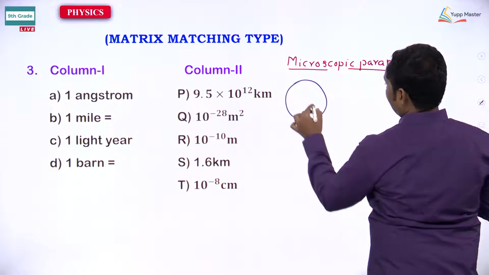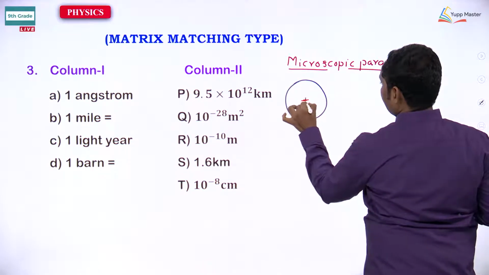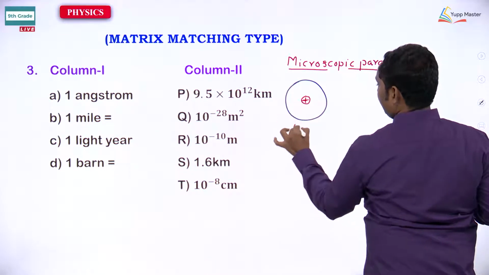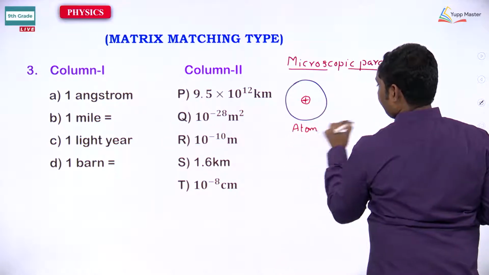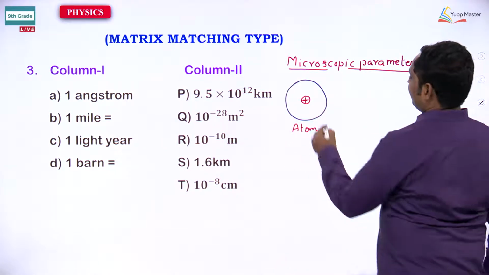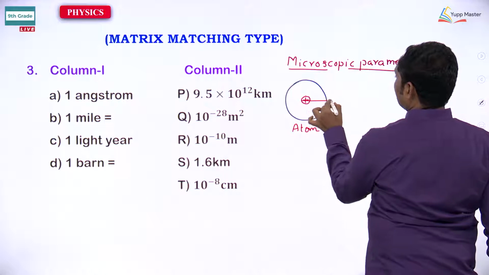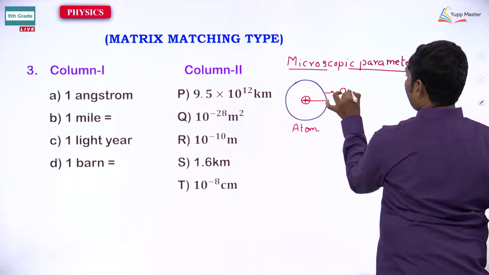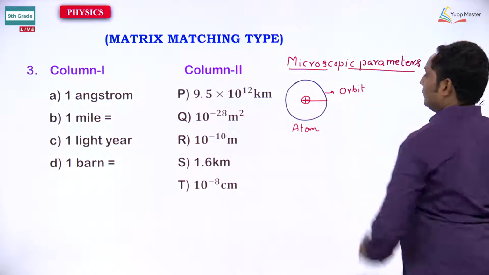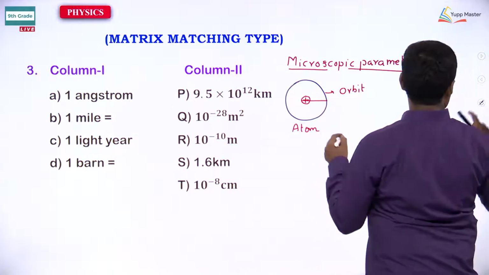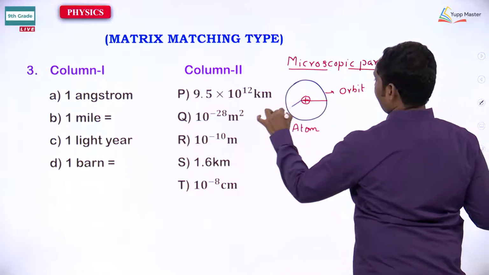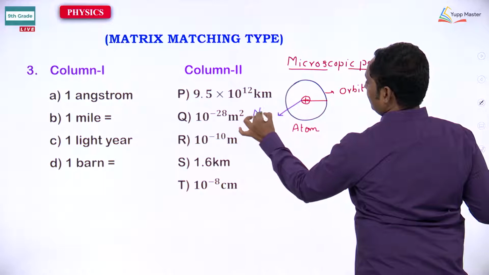If you are identifying that, this is the atom. This is the orbit. This is the nucleus.